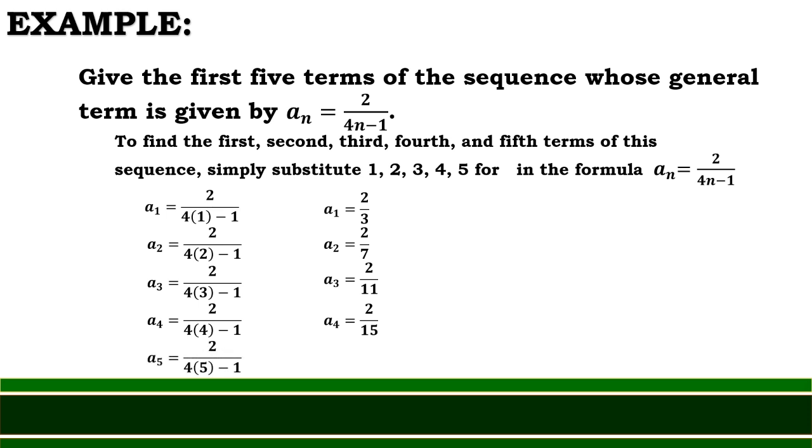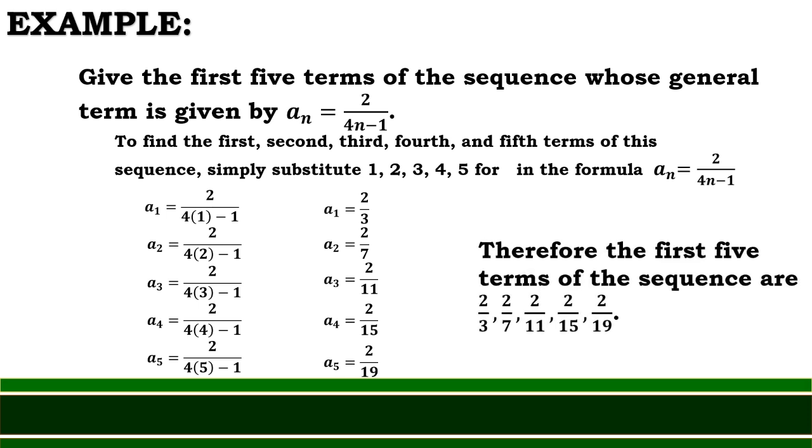For the fifth term, it will give you 2 over 4 times 5 minus 1. 4 times 5 will give you 20, minus 1 will give you 19. The fifth term here will become 2 over 19. Therefore, the first 5 terms of the sequence are 2 over 3, 2 over 7, 2 over 11, 2 over 15, and 2 over 19.